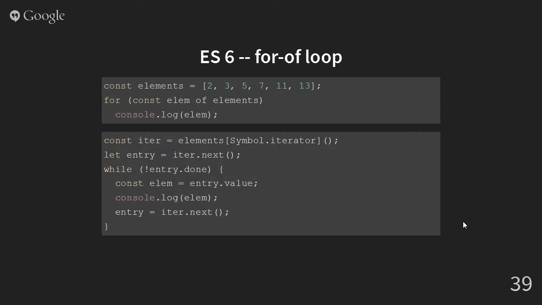So this desugars more or less to this code, which is selecting the iterator symbol property of the elements and calling it to receive an iterator, and then basically calling the next function as many times as necessary to loop through all the elements of the collection.